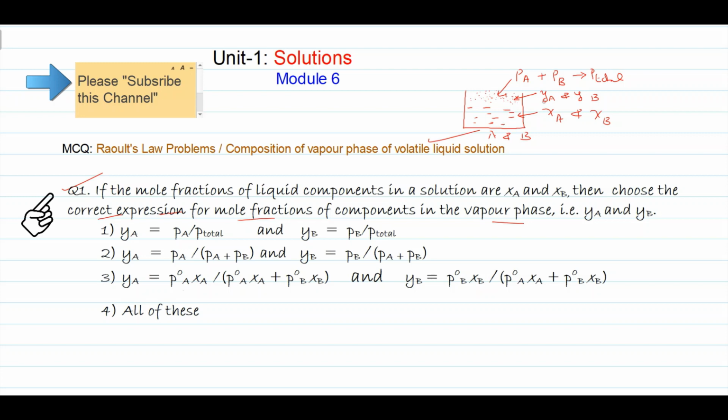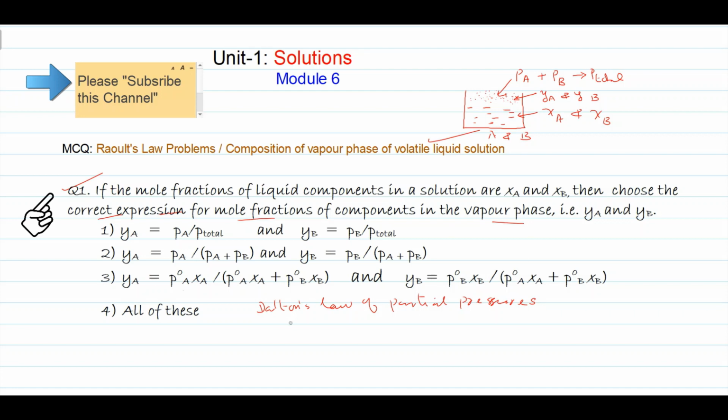So then the question is, how can you express Ya and Yb? For expressing Ya and Yb, we depend on Dalton's law of partial pressures, which we have studied in +1 classes in the chapter states of matter, correct?